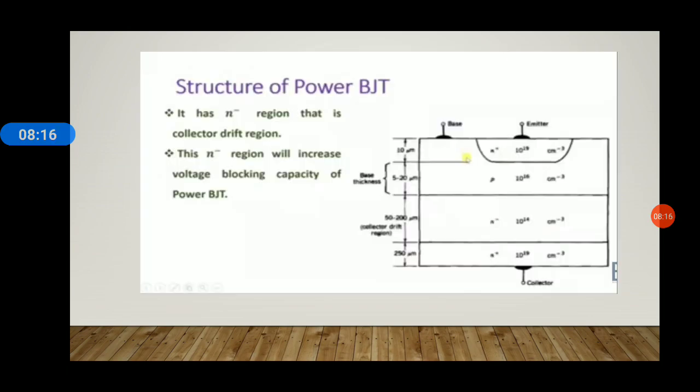Now this is the structure of a power BJT. A power transistor has a vertically oriented 4-layer structure of alternating p-type and n-type layers with doping similar to the NPN transistor.